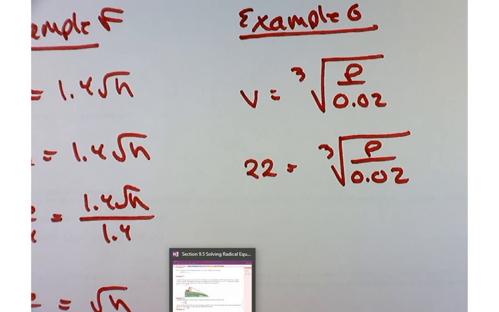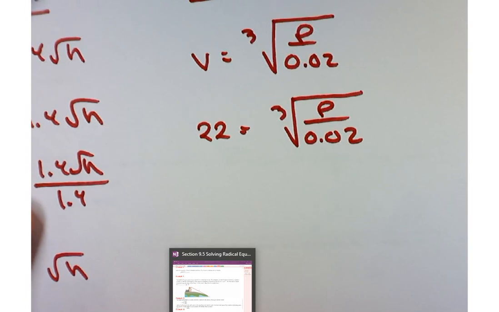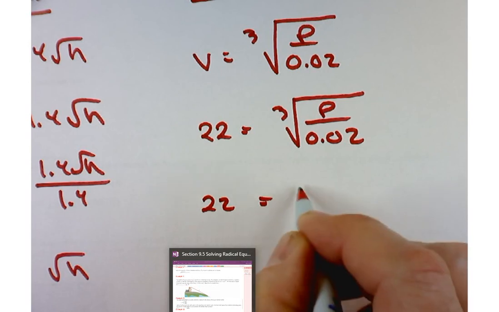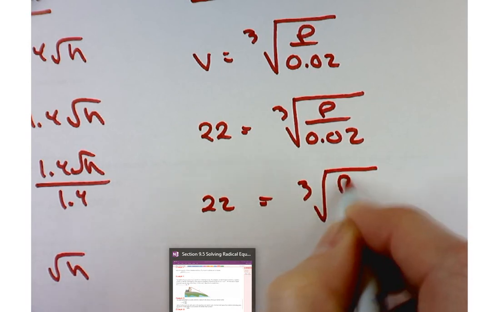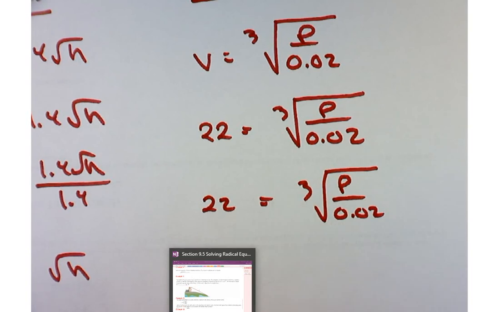Now when we're dealing with square roots, we would square both sides to solve. What do we do to solve when we've got a cube root? Cube both sides. So I'm going to take 22 and we'll cube both sides.